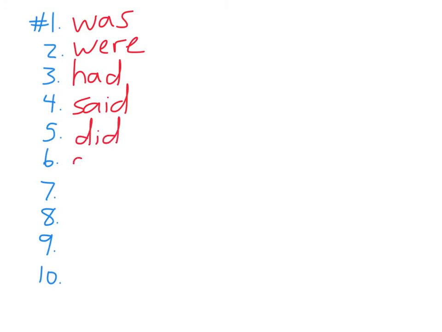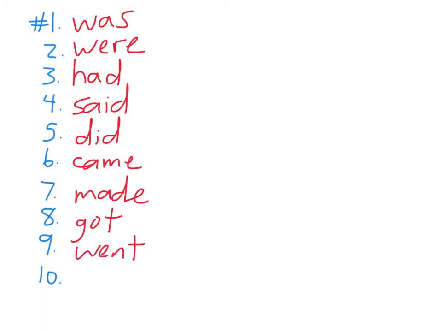Number six, came. Number seven, made. Number eight, got. Number nine, went. And number 10, took. These are the most frequently used verbs in English.